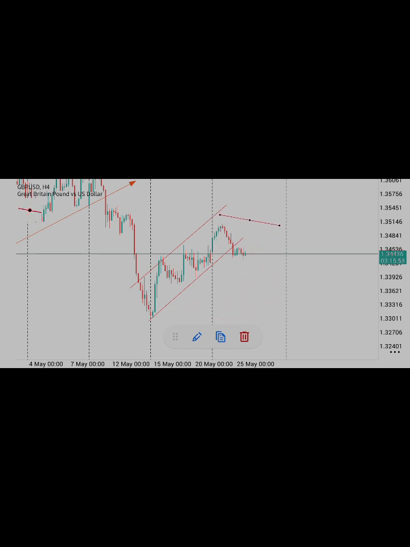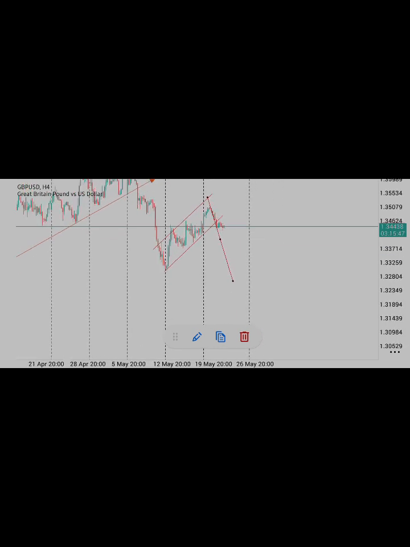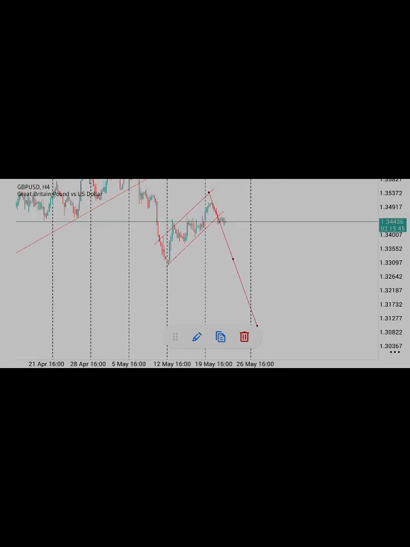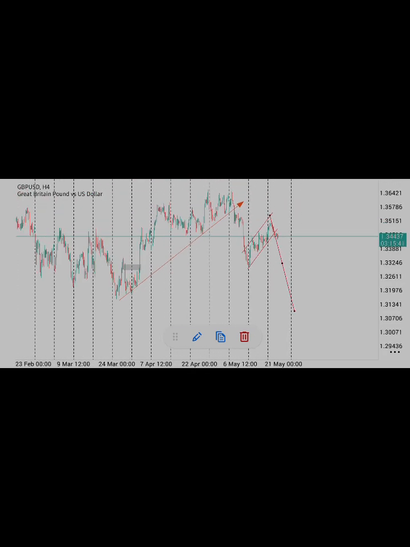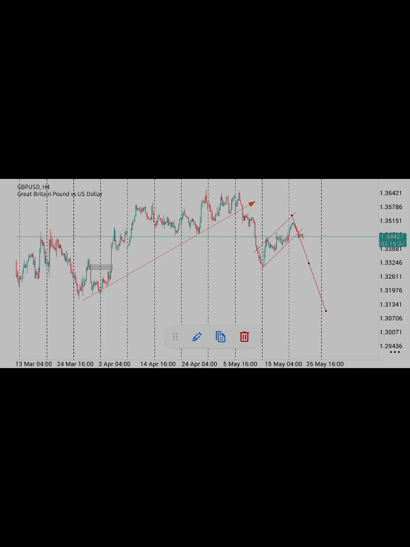You see what is happening here. This is a clear bullish flag. So already from this, you know that GBPUSD has more room to dump.